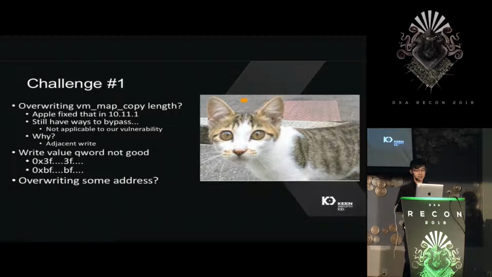Also, the values we write are not very perfect, because the high bytes 3F and BF do not form a valid, reachable address in the kernel. So we cannot overwrite the vm_map_copy length to do exploitation, and we can think of overwriting some heap location or some other address.